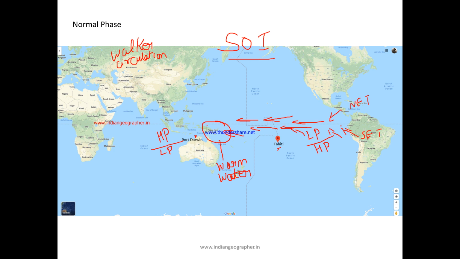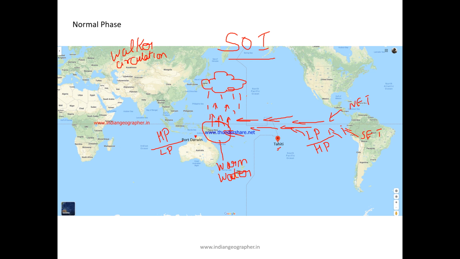What does this do? This results in convection currents, which take a lot of evaporated material up, and thus there will be cloud formation. Cloud formation means there will be heavy rainfall as well.